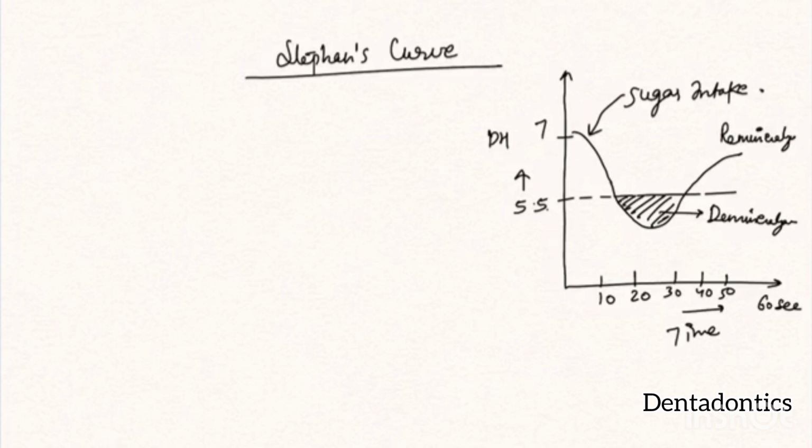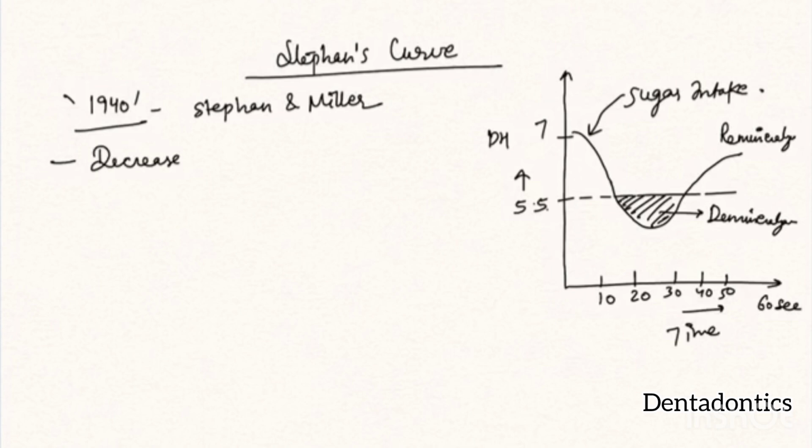As you can see in this picture, this is the neutral pH where the patient started, and here the patient took the sugar, and this black part is below the critical pH, that is 5.5, where demineralization occurs, and after around 20 to 30 minutes remineralization occurs.